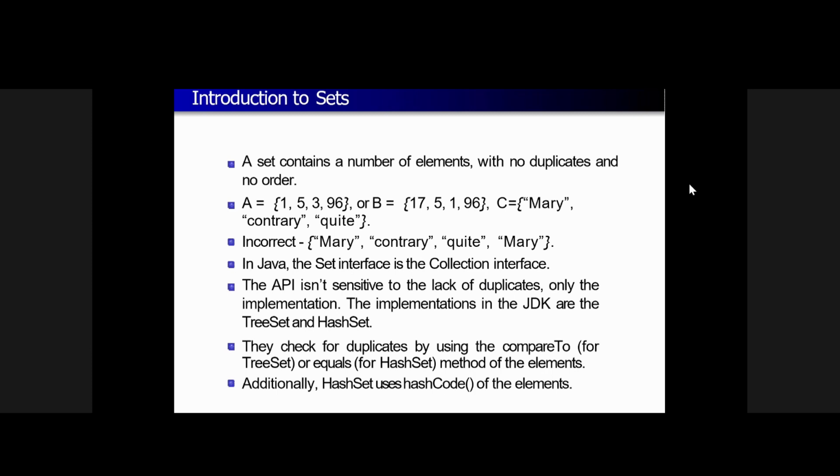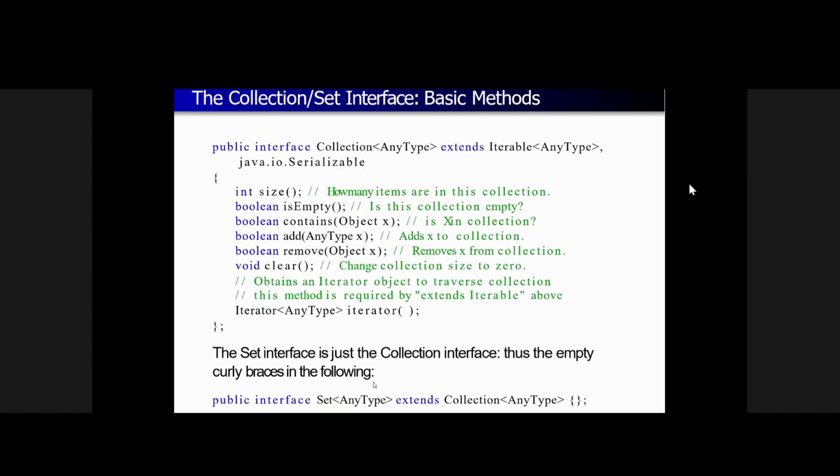Okay, so that's how they check for duplicates. And of course, you're supposed to have equals and compare to be consistent, but in the actual code it only uses compare to in tree set. Okay. And of course, we also have to have hash code, but we'll go over these requirements.